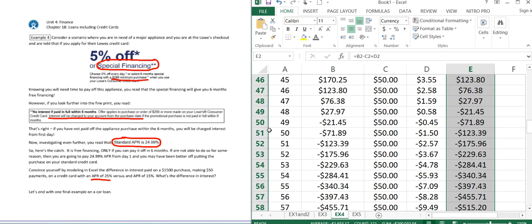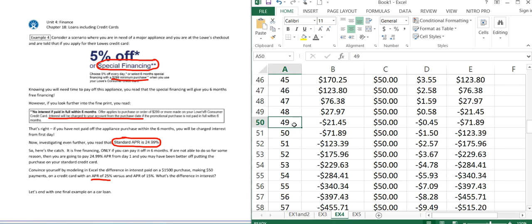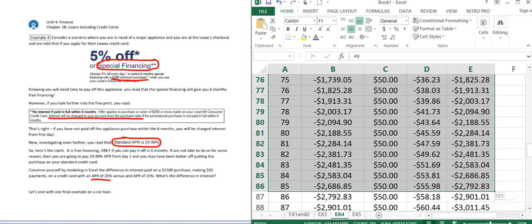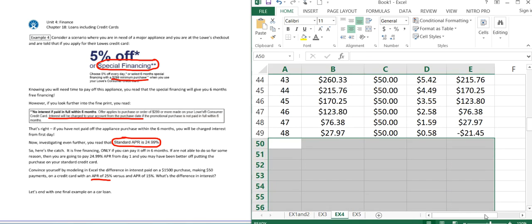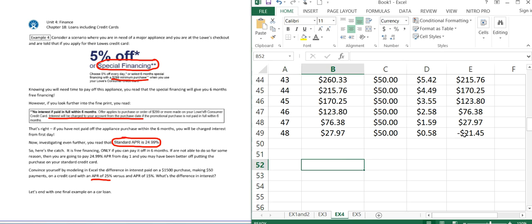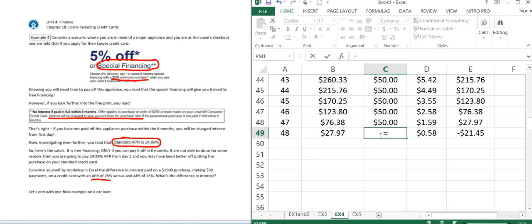So it looks like I get paid off by month 48. So 4 years, that's not great, right? So 4 years to pay it off. So not good. At the end, I probably would just be making that last payment and we'll assume no interest there at the end.